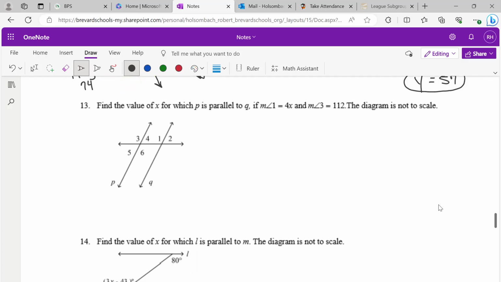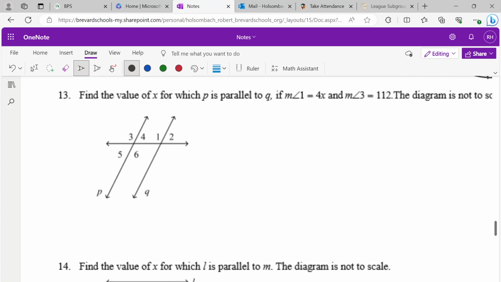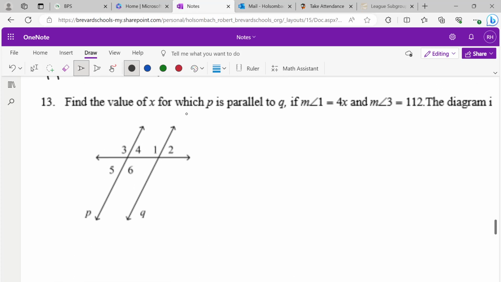All right, find the value of x for which P is parallel to Q. If the measure of angle 1 equals 4x, so angle 1 is 4x. Measure of angle 3 is 112. They want these two lines to be parallel. It makes the horizontal line a transversal.